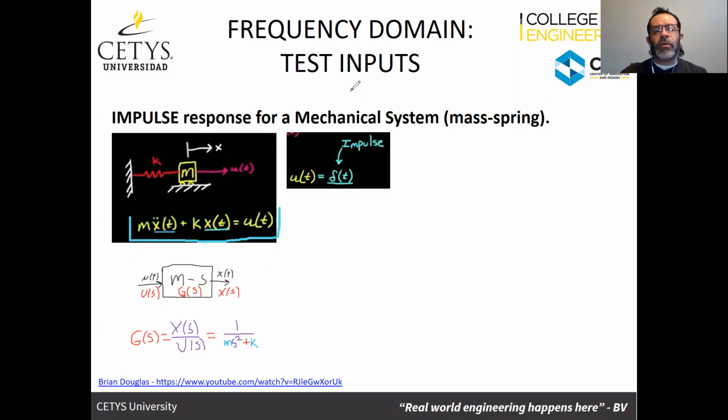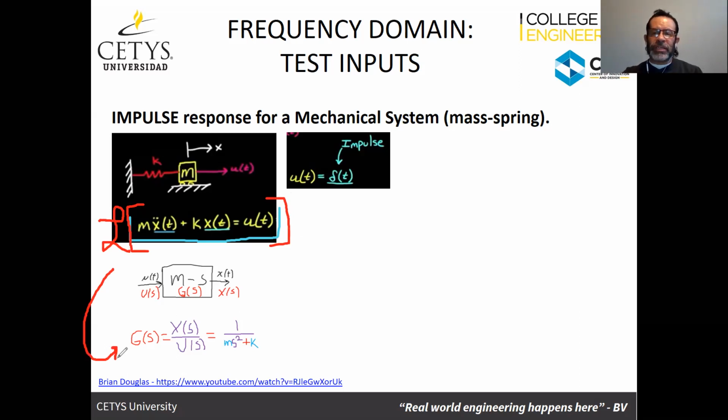From the mathematical model and applying Laplace, we had found the transfer function of the system. And what does the transfer function represent? It basically, again, represents the relationship between the Laplace transform of the output and the Laplace transform of the input. And we had gotten something like this.